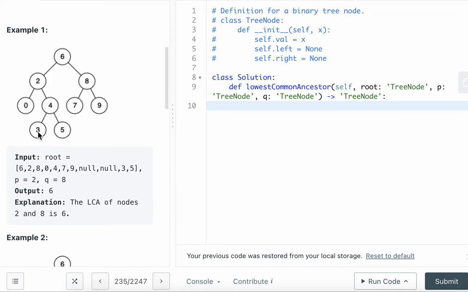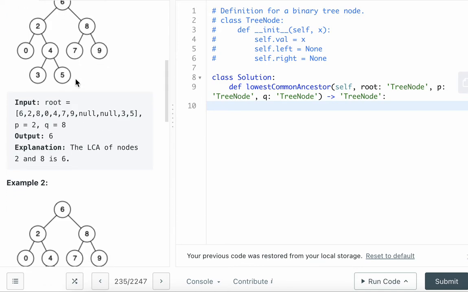And if you pick anything on the left side and anything on the right side, the lowest common parent is still 6. This is exactly what we're trying to find, because if P is on the left side of the tree and Q is on the right side, because it's a binary search tree, everything is sorted and the right side is bigger. So their LCA is absolutely the root itself.